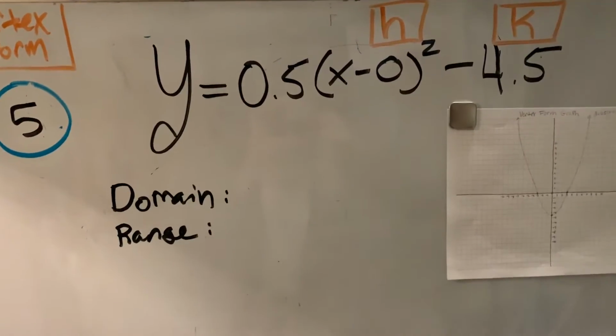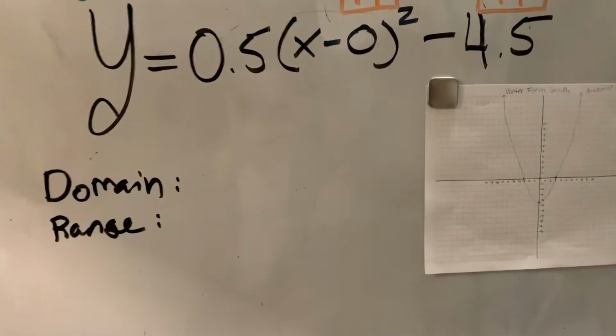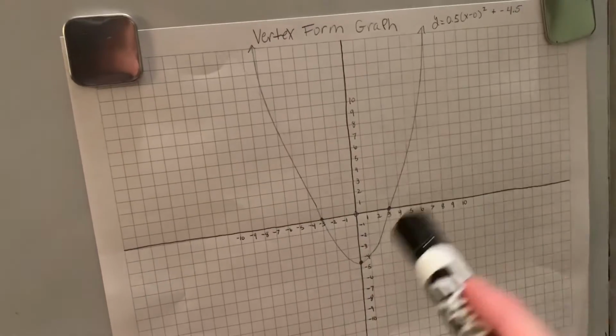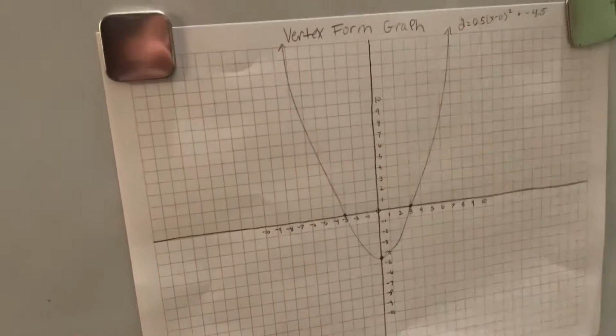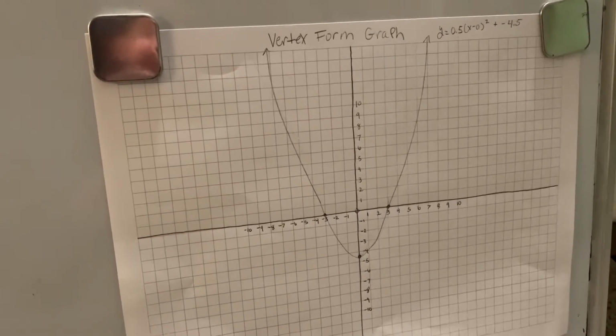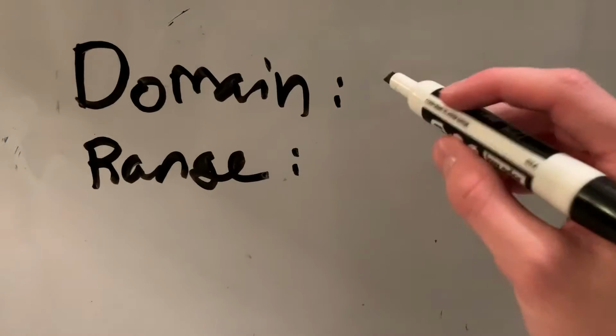All right, the next step is domain and range. When looking for the domain, we can see this is going in both directions here. It's going to hit every single one of these numbers, every positive and every negative, to infinity. So the domain is going to be all real numbers.